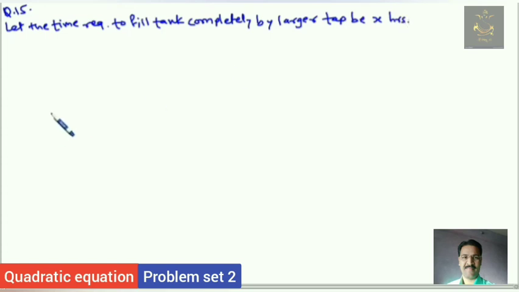Now it is very important. In 1 hour, every time we are going to find what? In 1 hour, the tank is filled how much part? 1 upon x part.